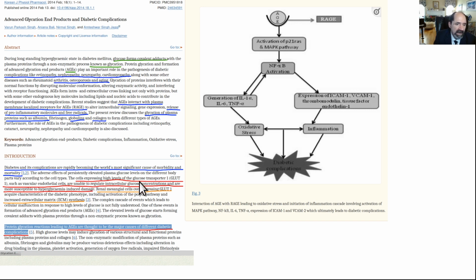The cells expressing high levels of glucose transporter type 1, such as vascular endothelial cells, are unable to regulate intracellular glucose concentrations and are thus most susceptible to hyperglycemia-induced damage. So, okay, what am I talking about there? Your skeletal muscle cells will only take up glucose after eating a meal when they're sensitive to insulin.